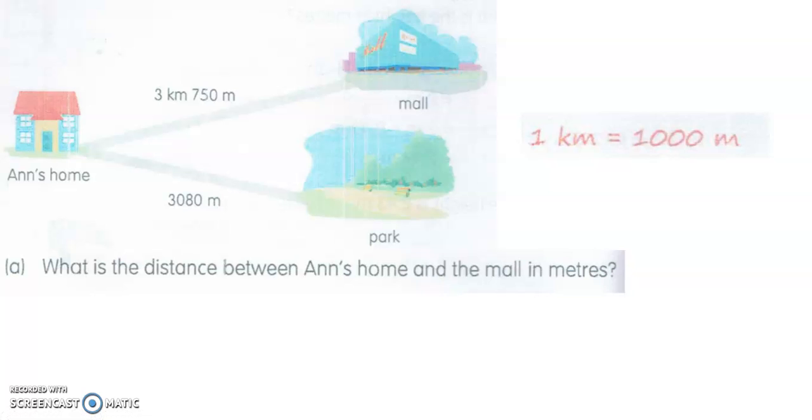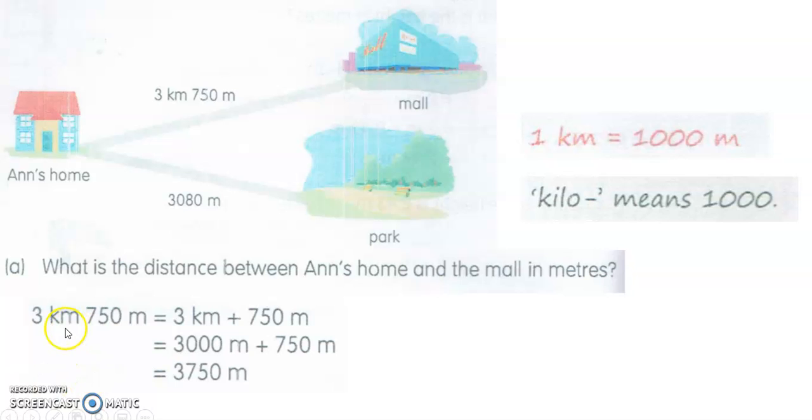This means if you count 1000 meters, this will be 1 kilometer. And every time you hear the word kilo, this means it's 1000. Kilometer, kilogram, whatever, kilo always means 1000.